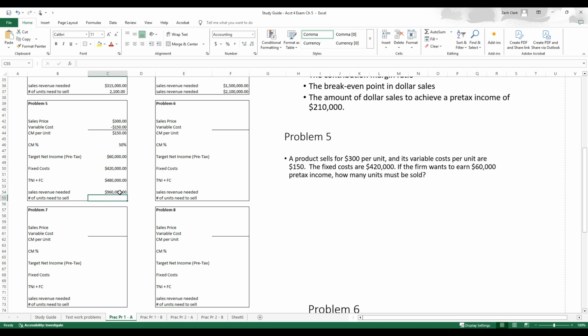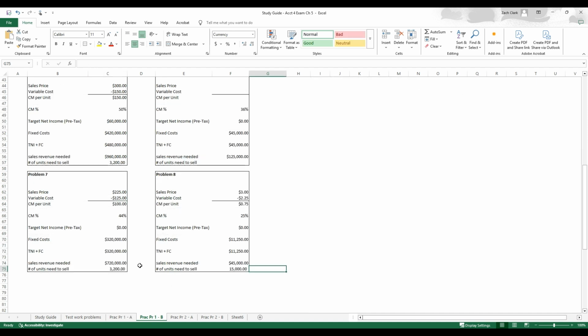So we would need 960,000 in sales to cover our fixed cost and leave us with 60,000. But to answer how many units, we take our fixed costs plus target net income divided by the contribution margin per unit, and that would be 3,200.